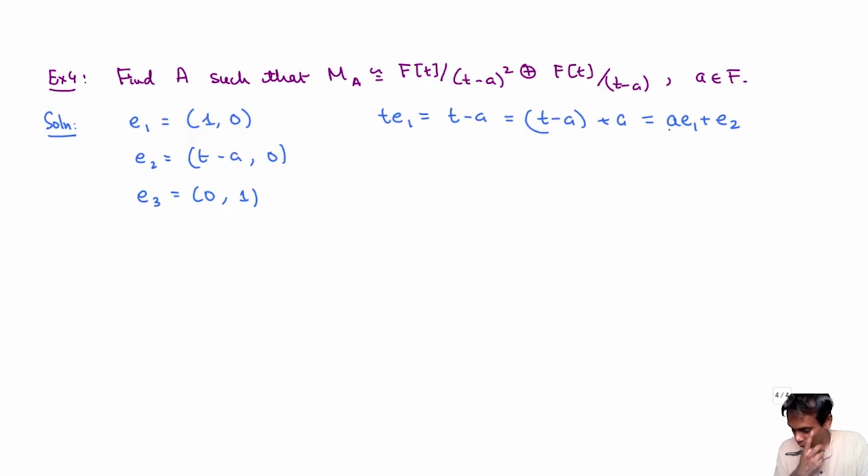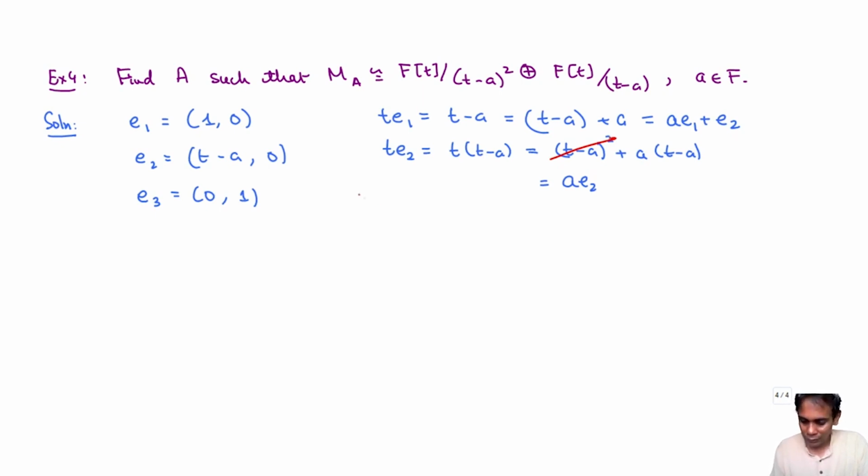This is all happening in the first component. t e2 is equal to (t into (t minus a), 0), which is (t minus a) squared plus a into (t minus a), which is equal to a e2 plus 0, because (t minus a) squared is 0 in the first component.